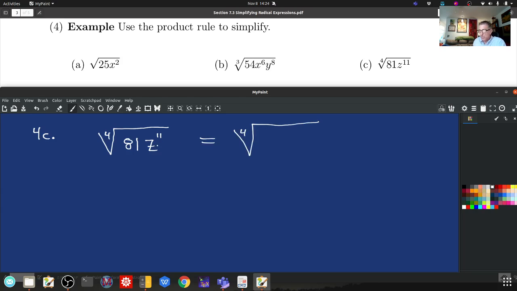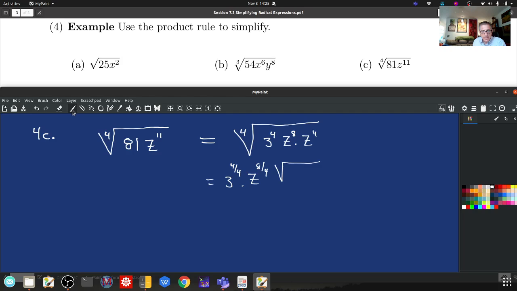So 81 again is 3 to the 4th by the list we just saw, and z to the 11th I'm going to write as z to the 8th times z cubed. Seems like I just did this one. I'm getting deja vu here. So at any rate, this is 3 to the 4 divided by 4 times z to the 8 divided by 4 times what's left inside.